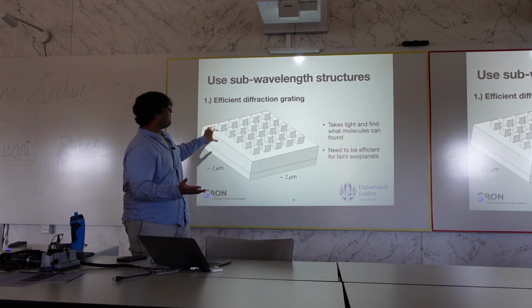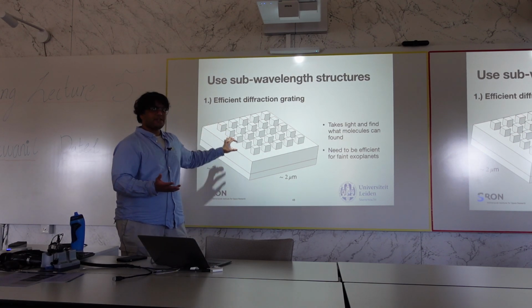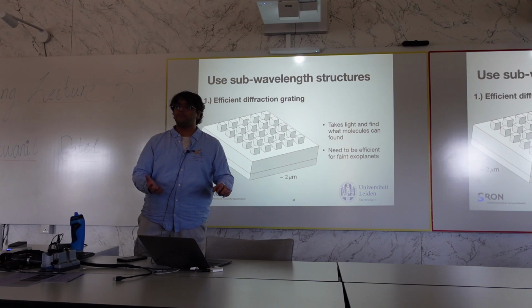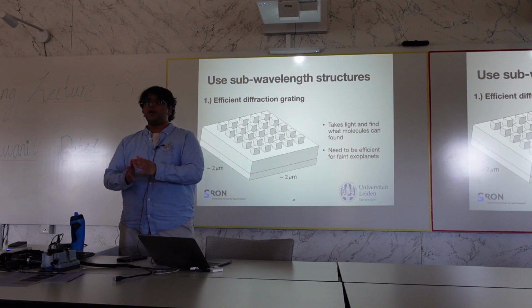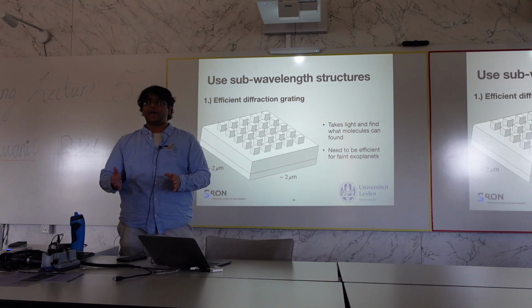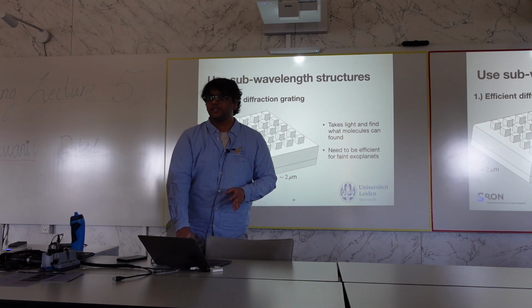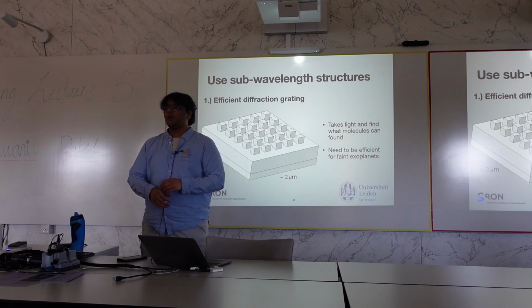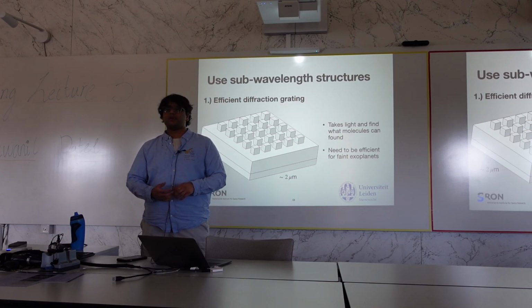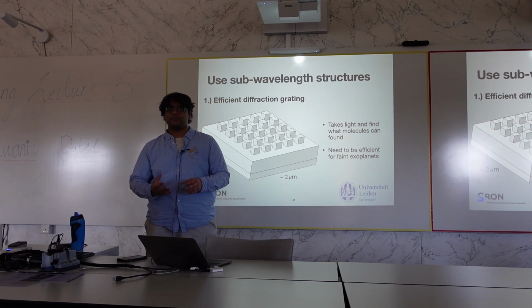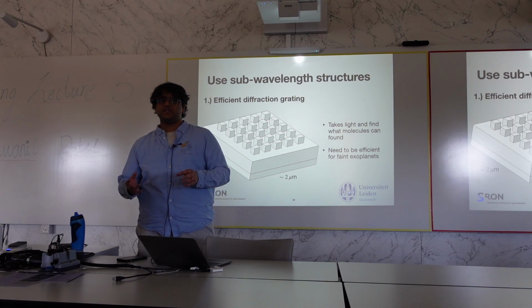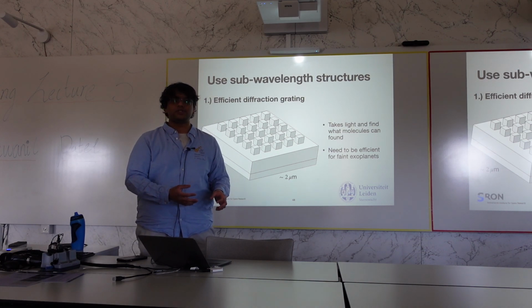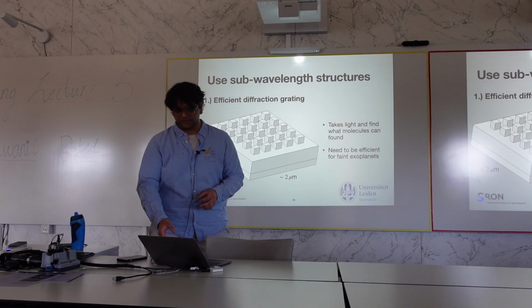The way we use these small sub-wavelength structures is to manipulate the light for our need, as in at what angle we want the light to go and at what wavelength we want the light to split. This is really useful for faint exoplanets, because we have very little light from these exoplanets. So having an efficient instrument where you don't lose whatever small light you have is useful.